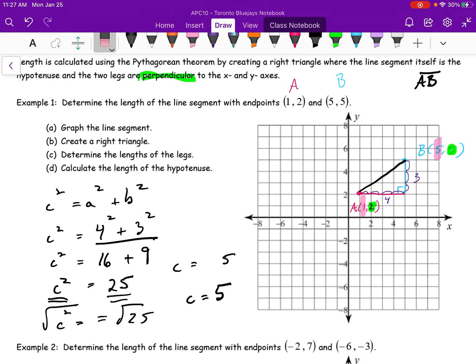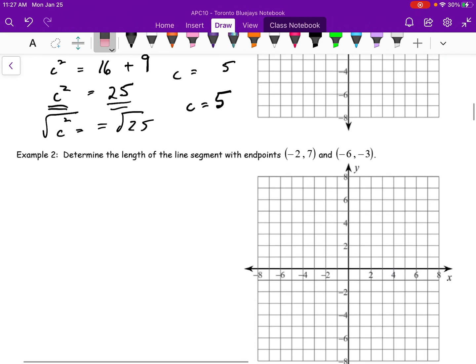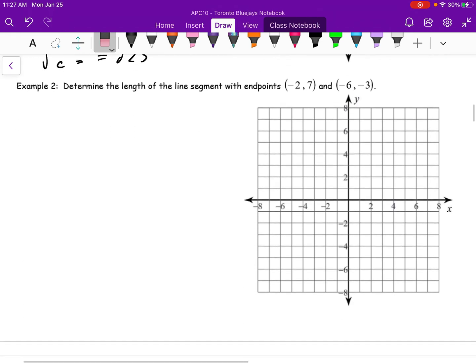Moving on, example number 2. Determine the length of a line segment with endpoints -2, 7, and -6, -3. So I'm going to call one A and one B again to help me out. -2, 7. There we are.